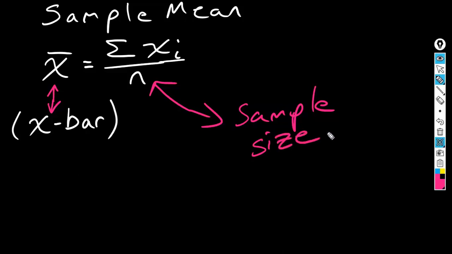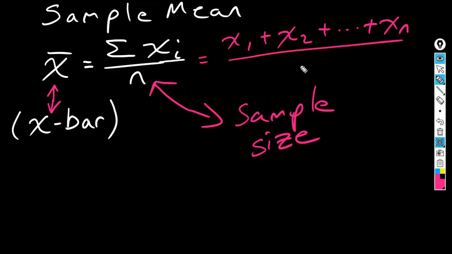We didn't get information on every member of the population, but we got data on some of the members. We're just going to add up all the data we got, all the way to that last one, and then divide by n. It's an average, relatively simple.